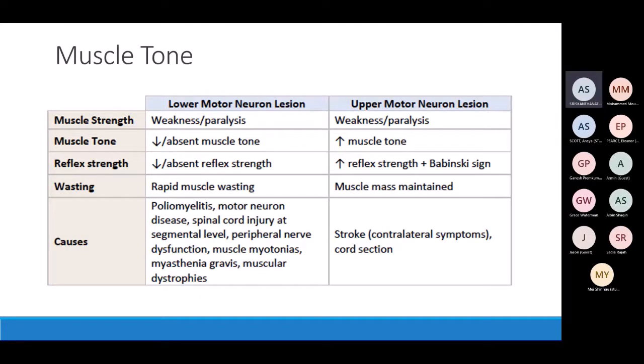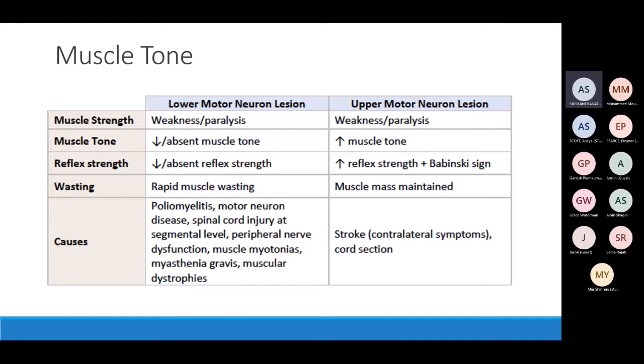So just to go through your upper and lower motor neuron lesions. In general, you'll have this kind of weak paralysis for both. The way to differentiate is looking at the actual muscle tone itself. In lower motor neuron lesions, the muscle tone's usually absent or just really poor.